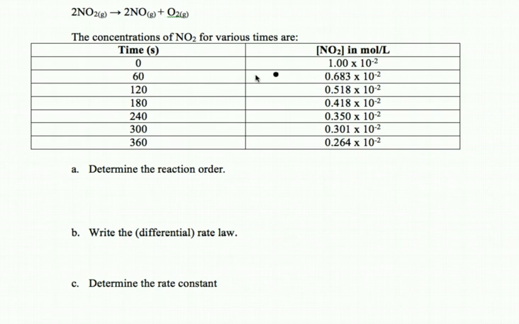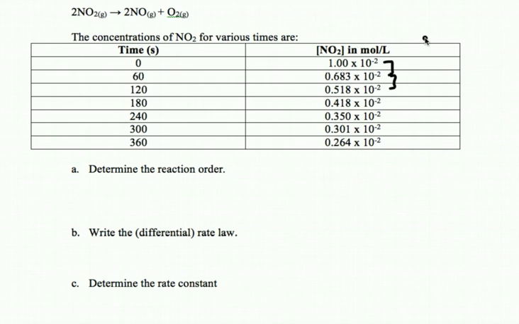If it's a straight line, every interval of time being 60 seconds here would give me the same change in concentration. And I can see here already that that is not occurring. If I take 1 minus 0.683, that gives me 0.3 something. If I take 0.683 minus 0.518, that gives me 0.1 something. My difference each time is not the same with the concentration versus time.